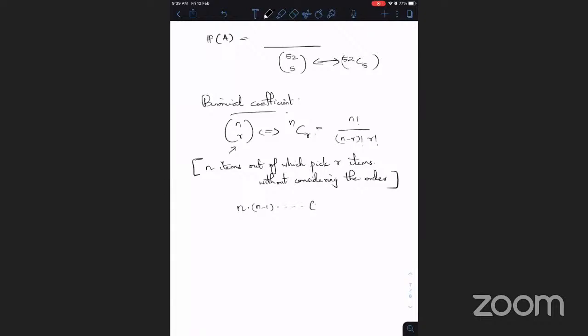And so on till you pick the rth item. So n minus r plus 1 is the number of choices you have when you are picking the rth item. Note that in every step, one element is reduced because you have selected it in the previous one. Is this clear for everyone? How I got this?